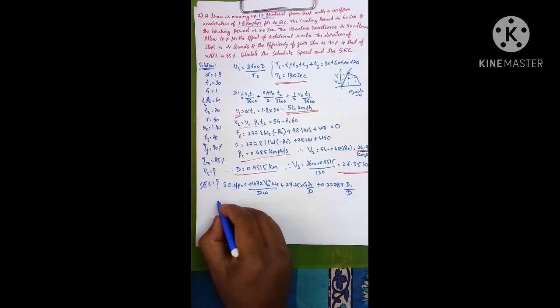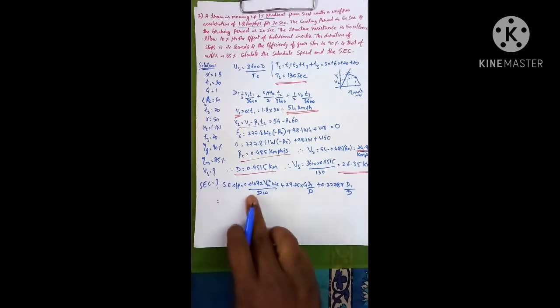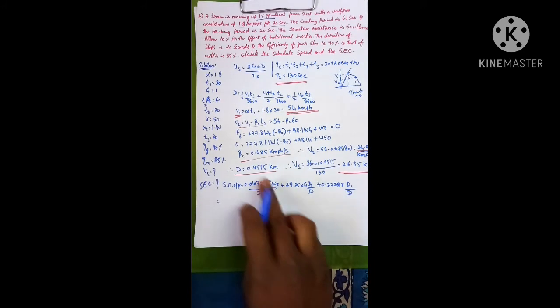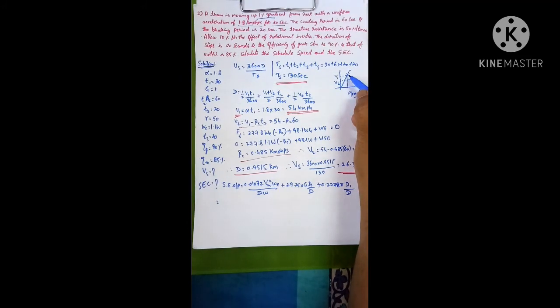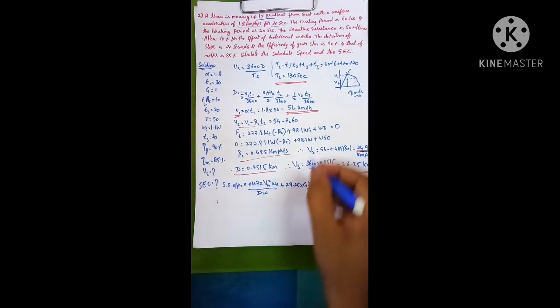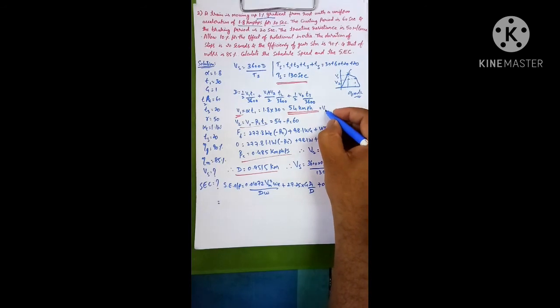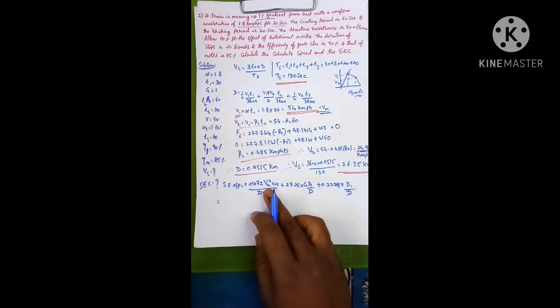Okay, so substitute the values here. Vm, what is Vm? That is V1. V1 is the maximum, that's what I told you here. By this picture you can say V1 is Vm. So Vm is 54 km per hour.